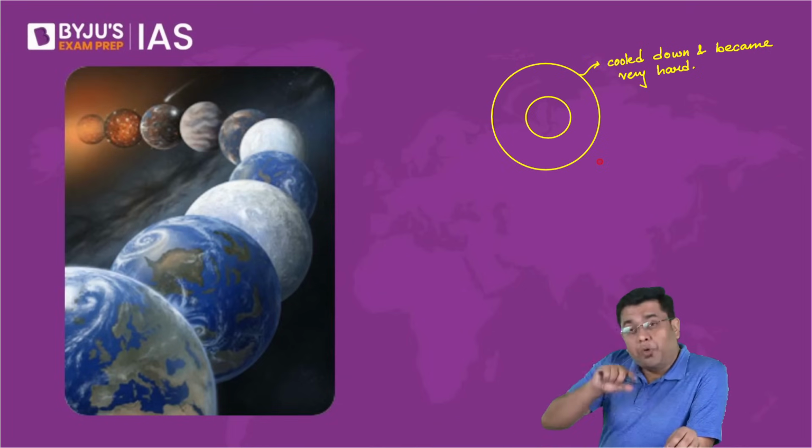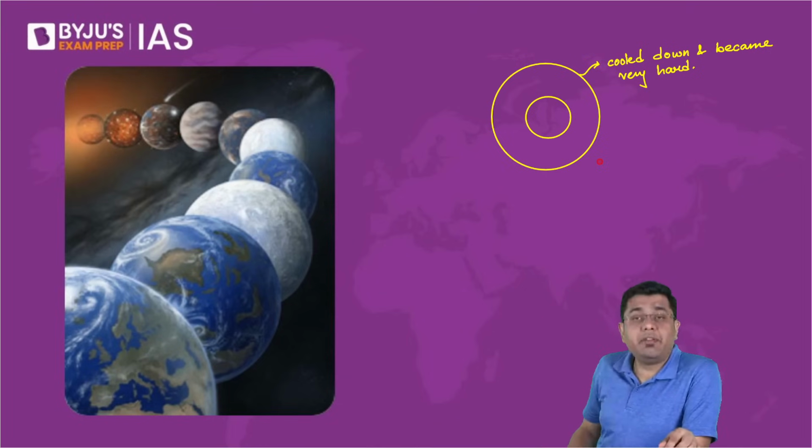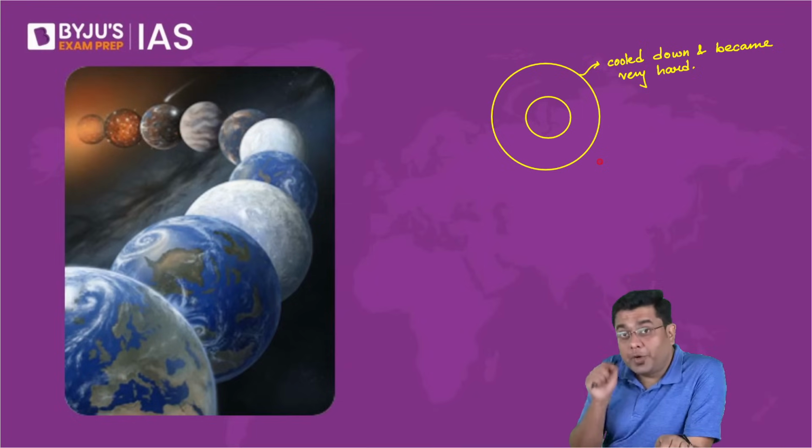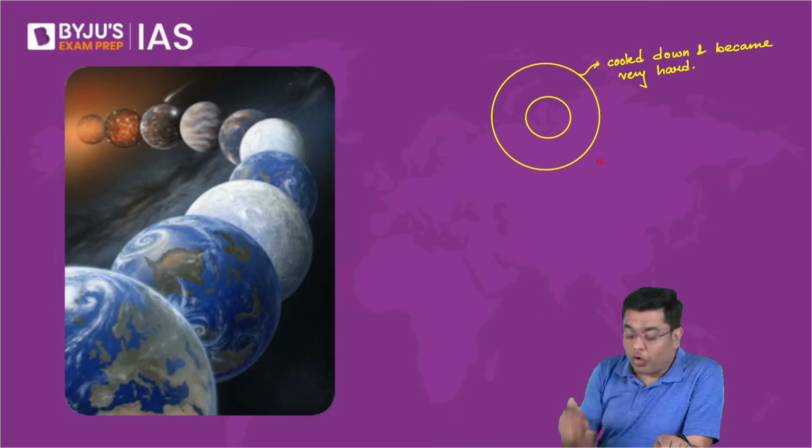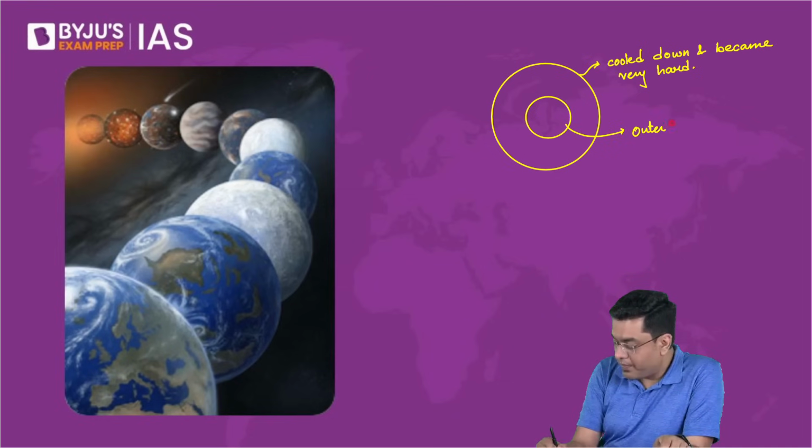So the outer ones, they cooled down and became very, very hard, very, very stiff, very brittle as well. But the lower portions did not cool down significantly. Lower portions, or the portions in the inside, they were still very hot. That heat continues to be trapped till today. This is the reason why the region of the core, the outer core, is in liquid state.